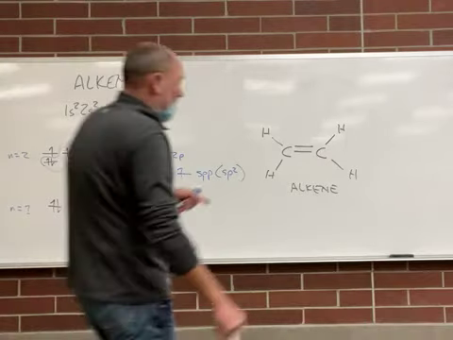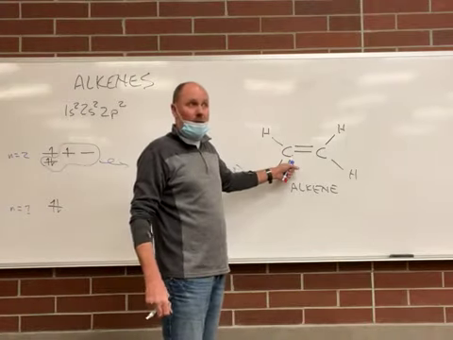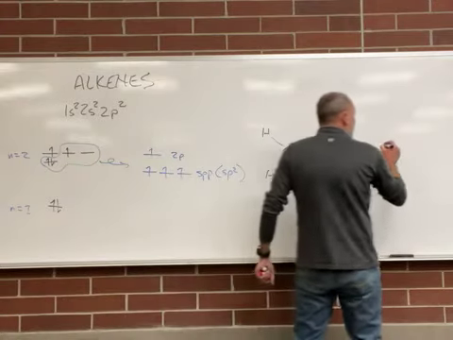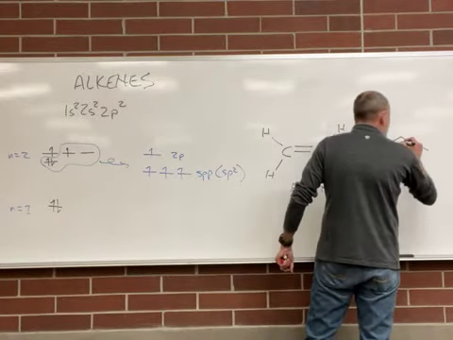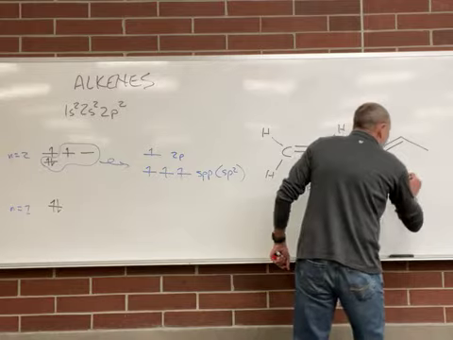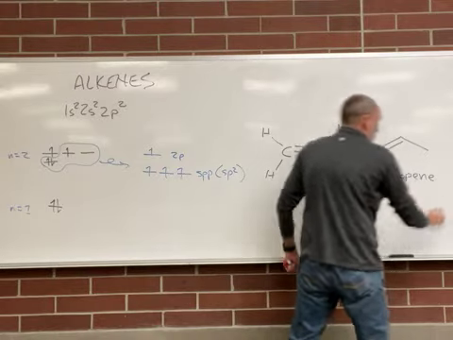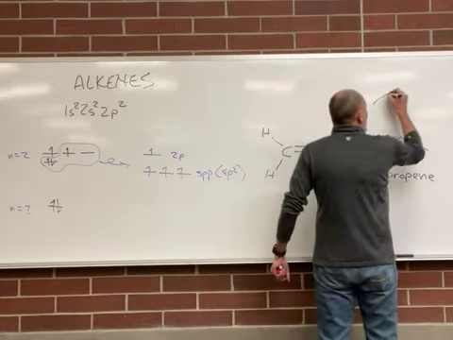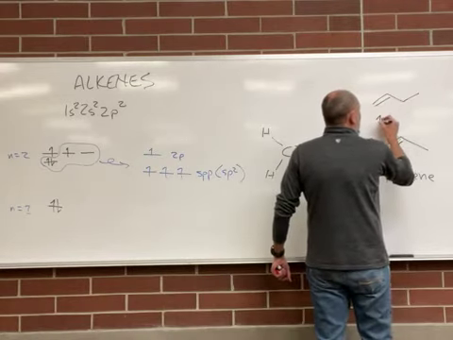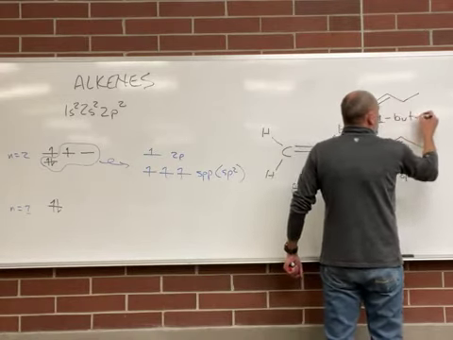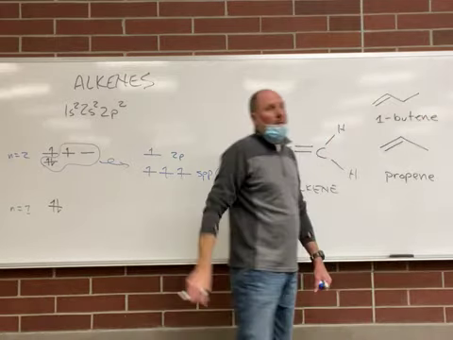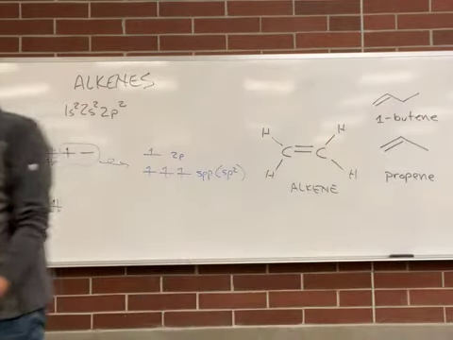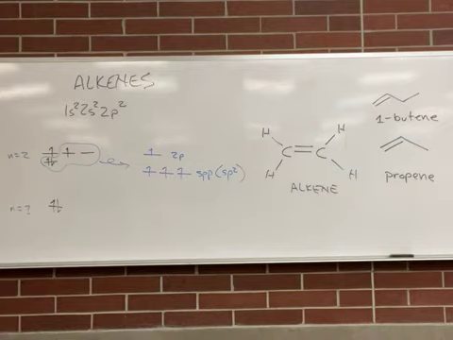This happens to be ethene. If I had something that looked like this, that would be propene. And if I had something that looked like this, it would be 1-butene. Actually it would be butene 1-ene.